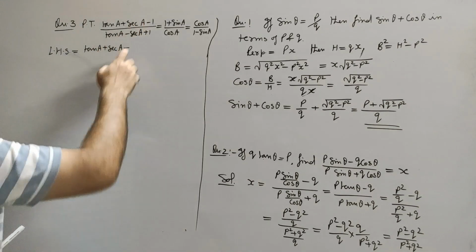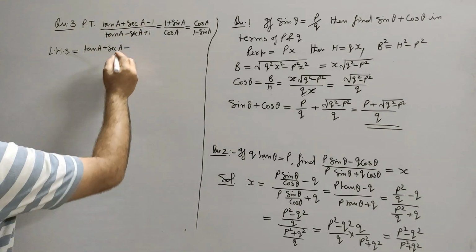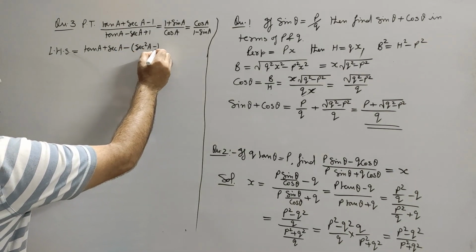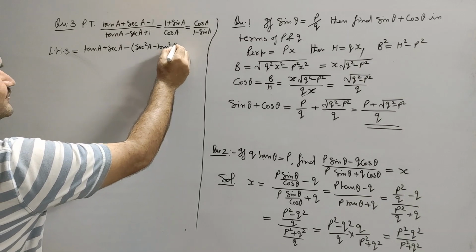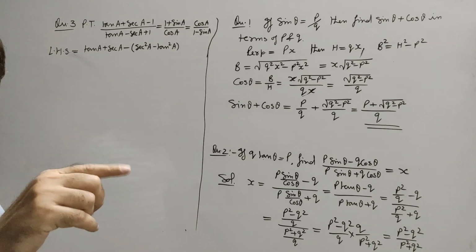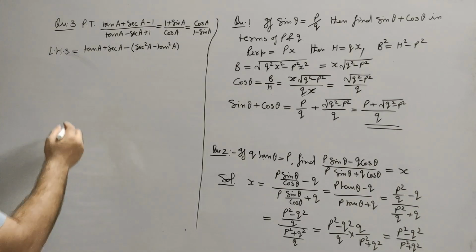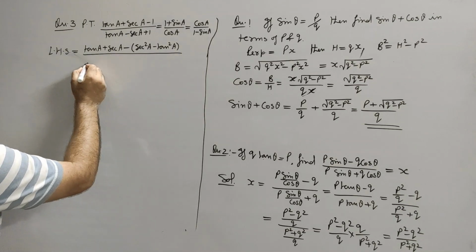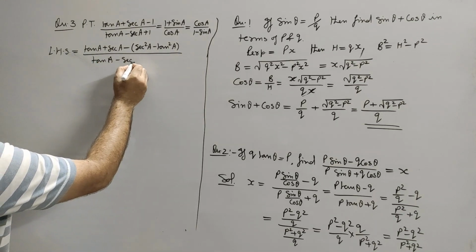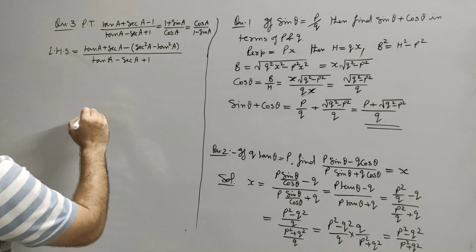Here the angle is a, so it will become sec square a minus tan square a, because 1 plus tan square a is sec square a. So 1 will become sec square a minus tan square a, upon the denominator, which will remain as such, tan a minus sec a plus 1.